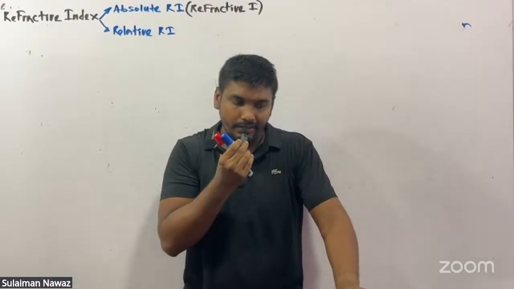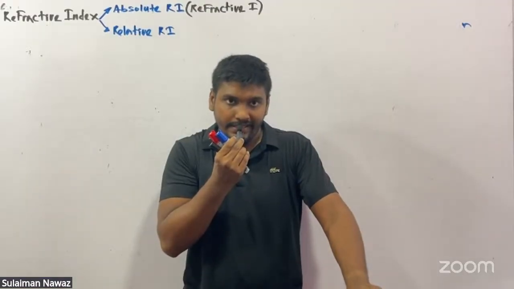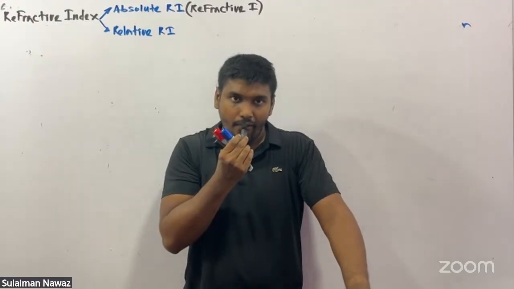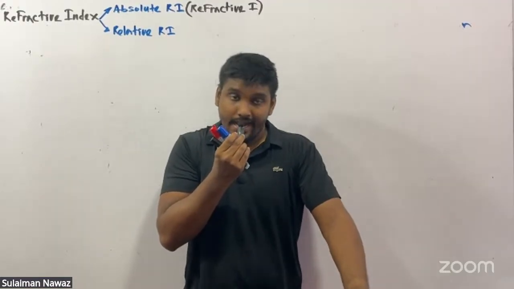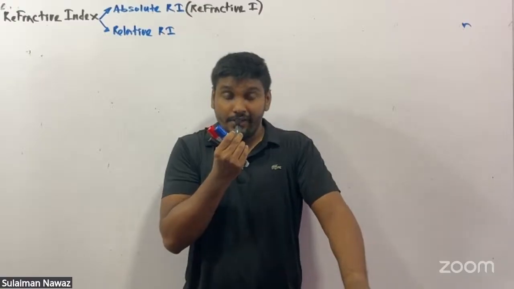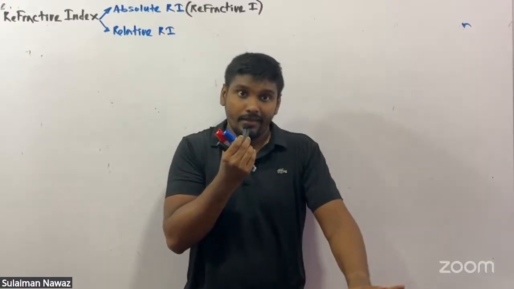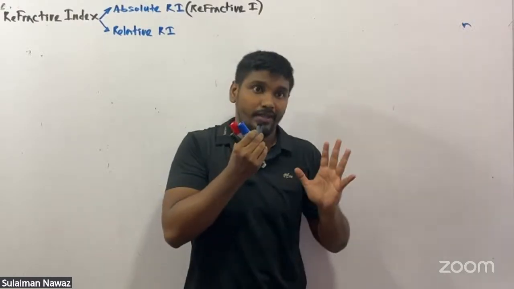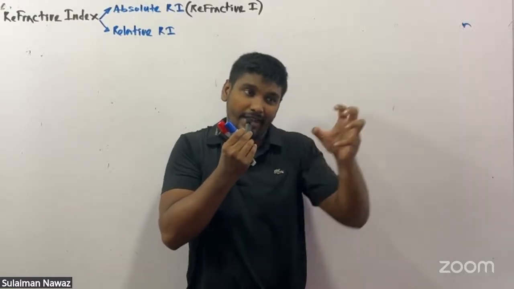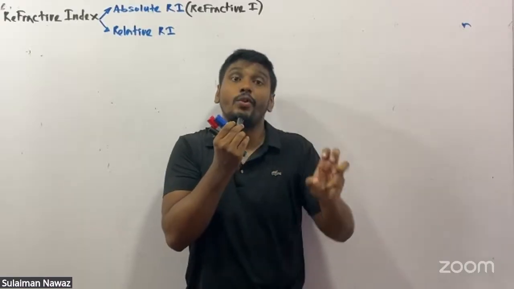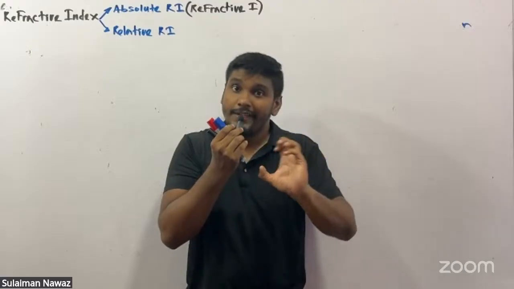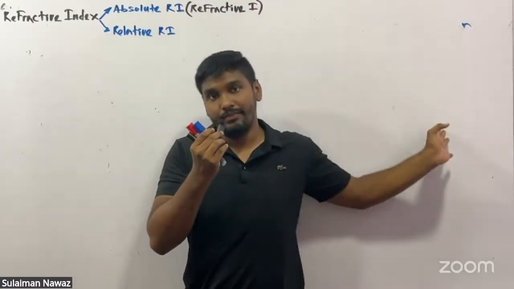When you compare with glass, water density is lower, so the speed of light in water is larger. Compared with water, air density is lower, so speed of light is larger in air. Then when you compare air with a vacuum, which means no medium, there are no particles in the vacuum region. Remember, in vacuum the speed of light is maximum.